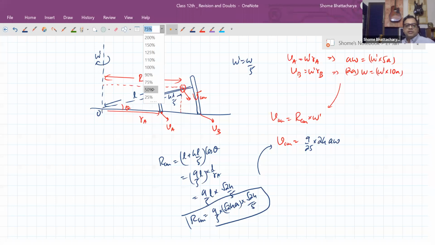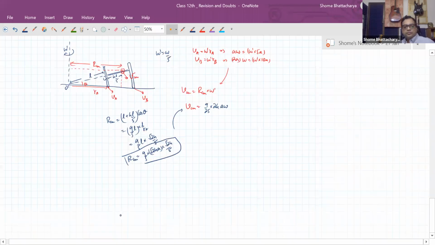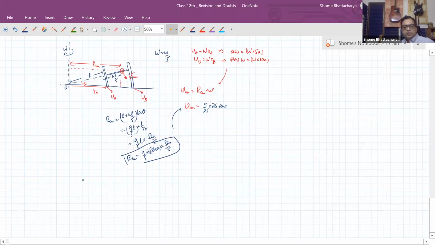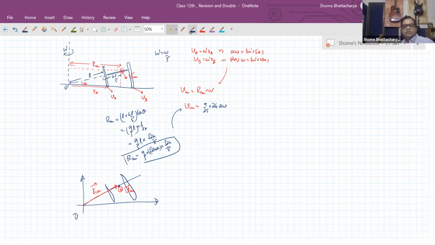So the angular momentum about the point O will become, with respect to the point O, your center of mass is lying here. So it has a position vector which is like this. And it has a velocity vector which is coming out of the plane. So I'll show it with the dot. Okay. So these two are actually perpendicular to each other.